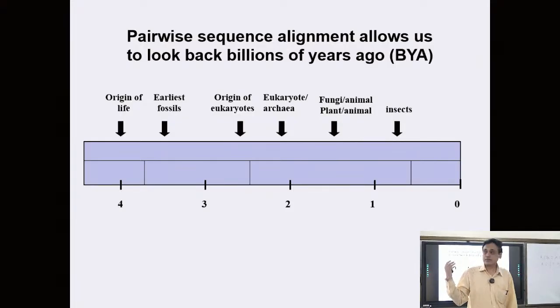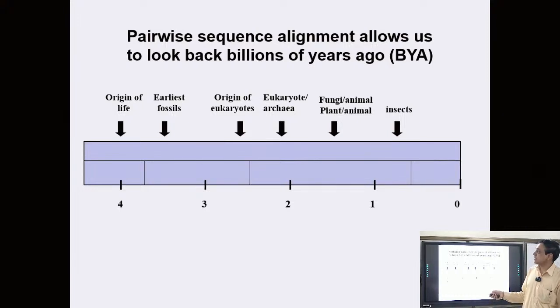Okay? If you are comparing the origin of life, if you are comparing bacterial and human sequences, so basically you are looking back billions of years, 4 billion years ago, when bacteria and humans shared a common ancestor. Okay.